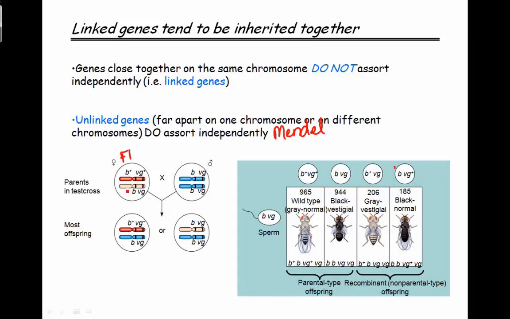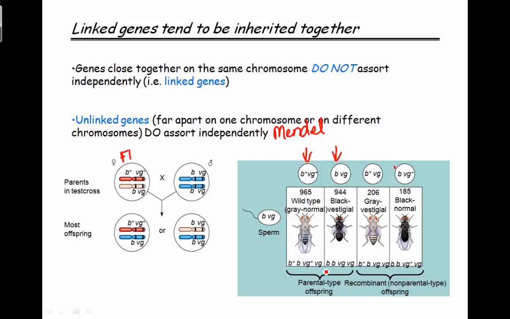So rather than really getting any combination of the Bs with the VGs, we expect the red chromosome to be passed on, or the lighter chromosome to be passed on. And notice that that really is the first two gametes that we have listed here. Those are the two gametes that will contribute to the parental type offspring. From the other parent, it's going to pass on the blue chromosome, so exact same thing there.